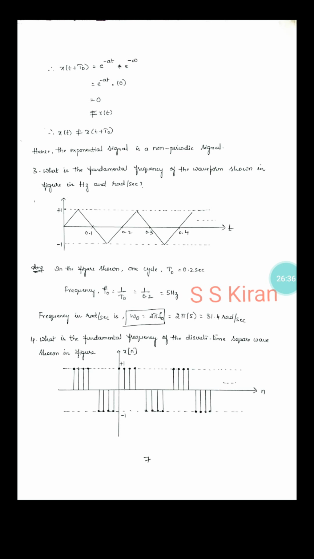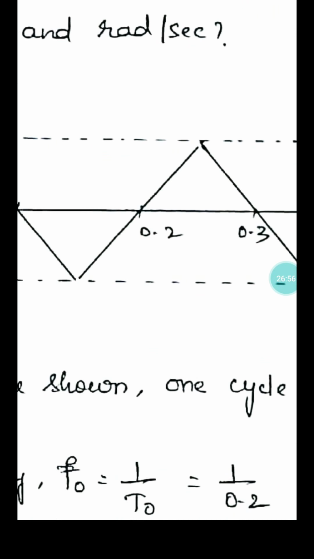The third one is a GATE examination problem. For the waveform shown in the figure, find the fundamental frequency in hertz and angular frequency in radians per second. Very simple. This is considered a full cycle, so the time period T naught is equal to 0.2.